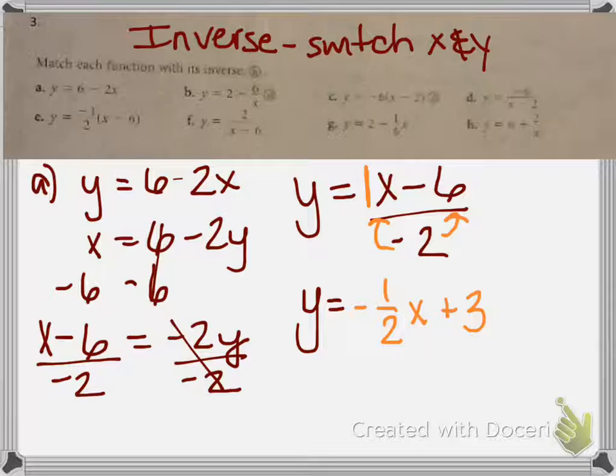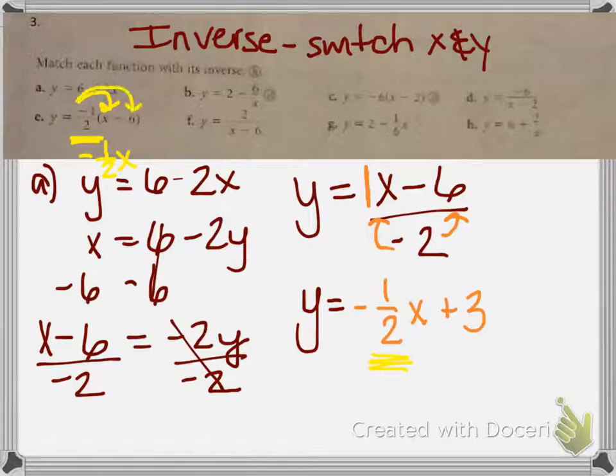And now I should hopefully find that up here. And again, I'm not really seeing it. But I do notice that the only other equation in here that has a 1/2 is right here in equation E. And if I distribute this negative 1/2 times x, I get negative 1/2 x, which is nice because that's what I have down here in my inverse.